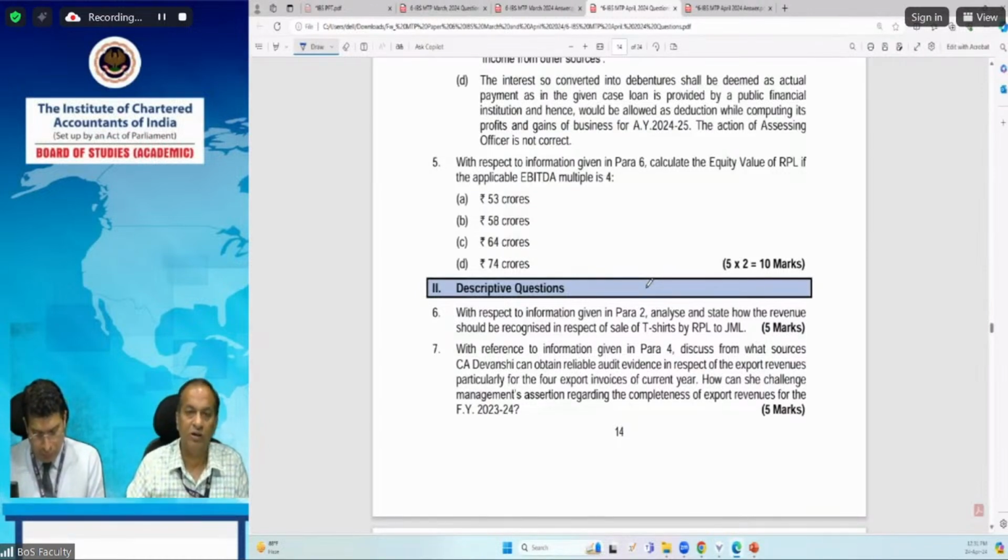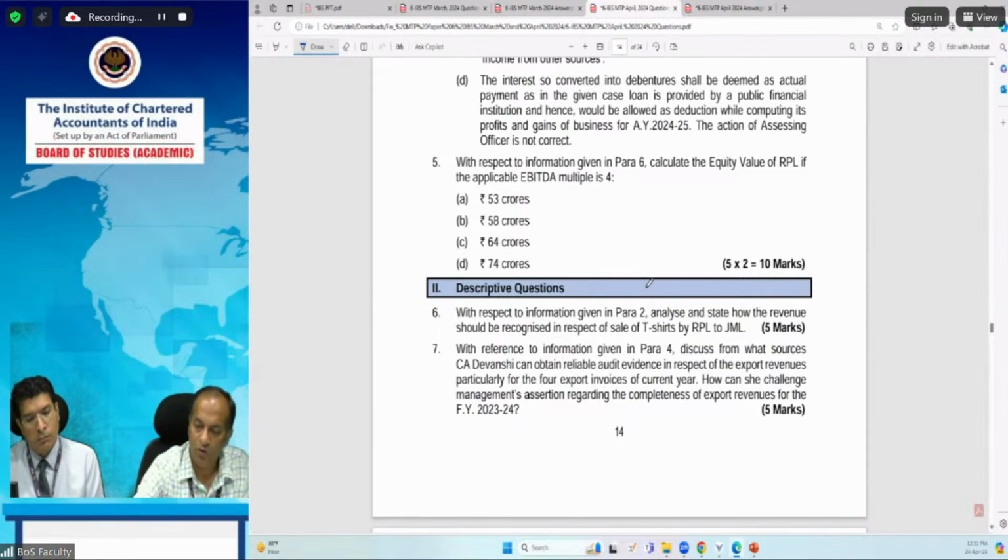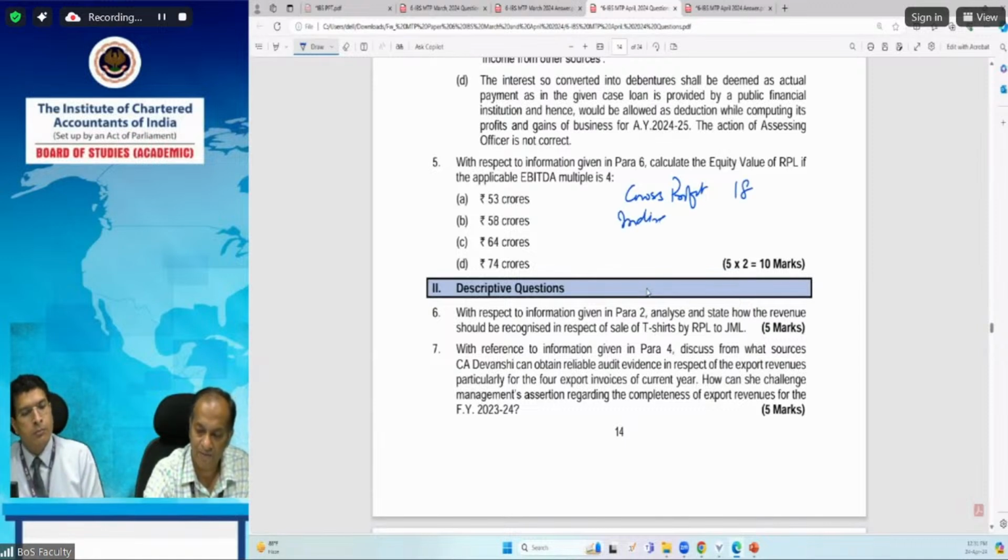When we have to calculate the EBITDA, that is earnings before interest, tax, depreciation and amortization, we simply take our gross profit of 18 crore and deduct indirect expenses of 4 crore.